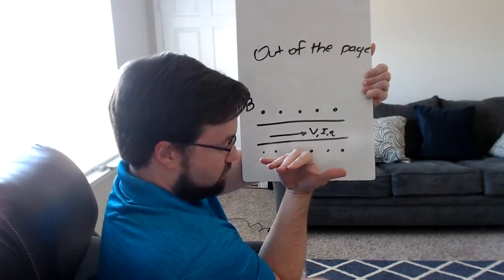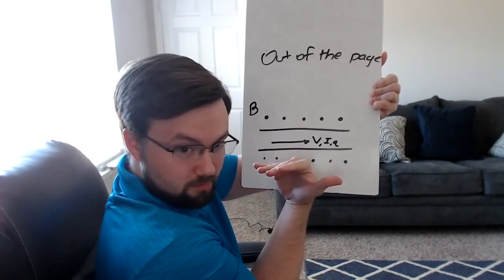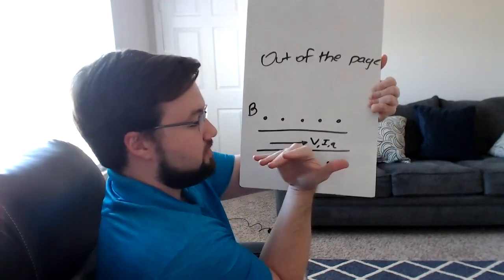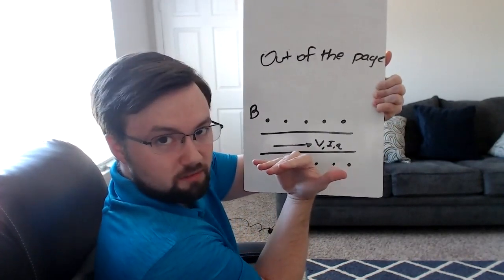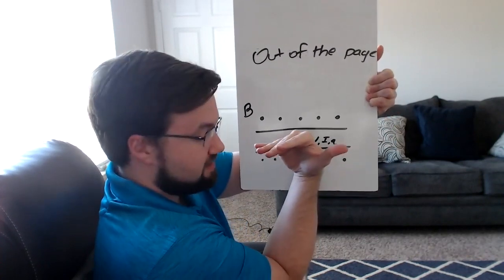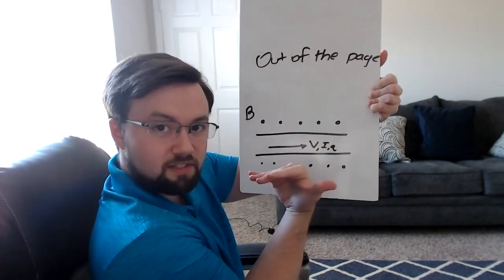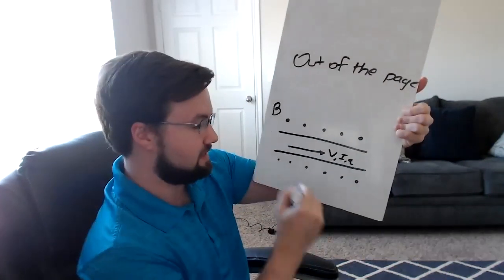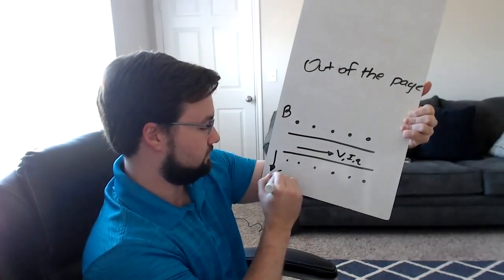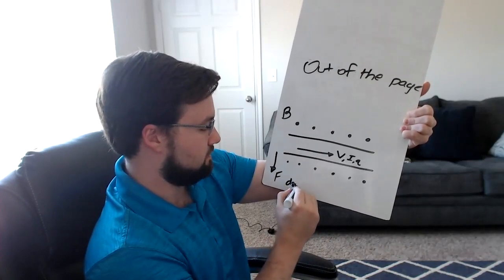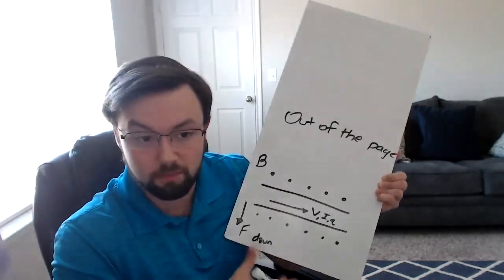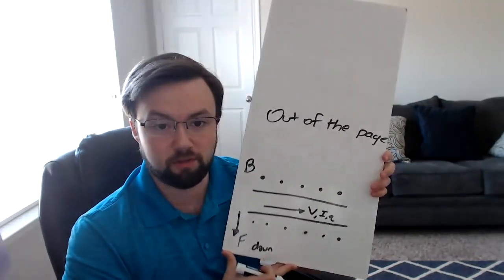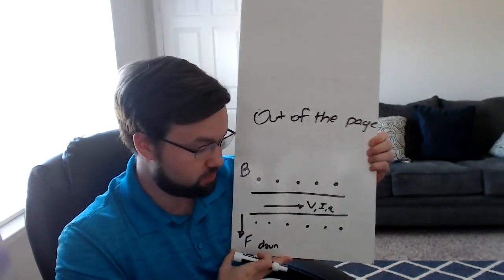Well, I've contorted my hand a little bit, but I haven't broken it, which is good. As long as you don't break anything, you're fine. Notice where my palm is pointing. My palm is facing down. So what we would say is the magnetic force that this current is going to experience is down. So you could say force is down to the bottom of the page. So this would be a basic example of how you apply the right-hand rule in a situation like this.